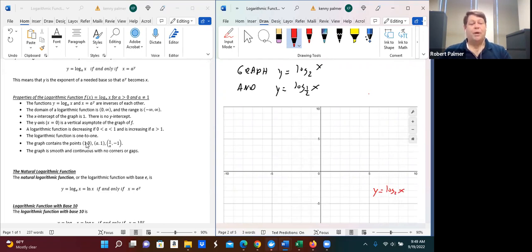The graph contains three points: (1, 0), the x-intercept; it also contains (a, 1), where our base is a, so (2, 1); and it also contains (1/a, negative 1), so (1/2, negative 1), about right here.